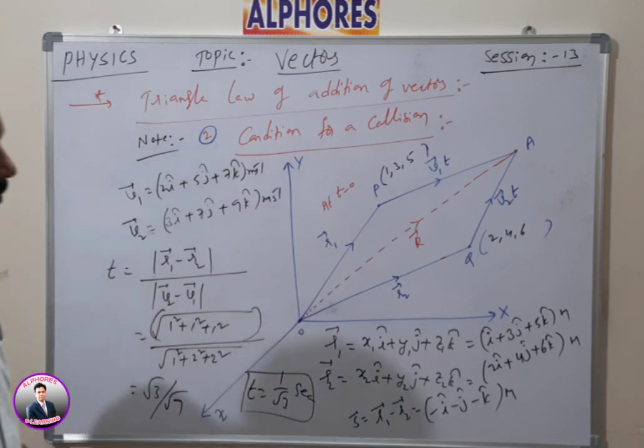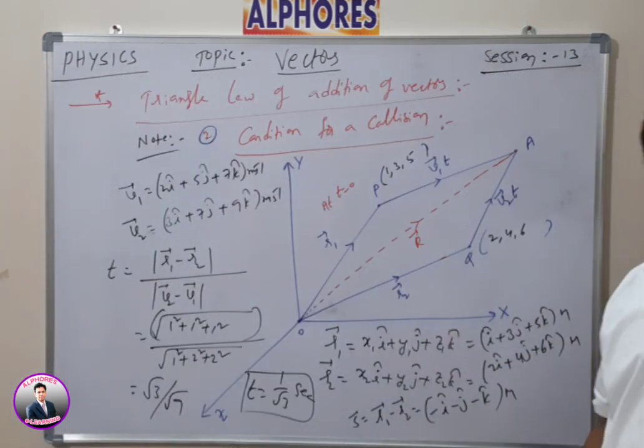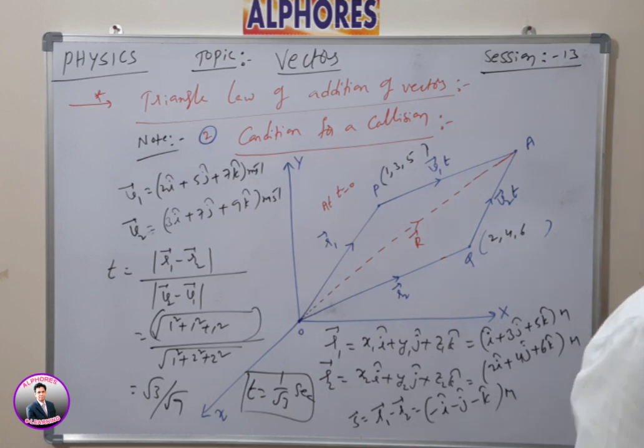So this is the generalized method to find the time taken by the two particles at a particular point A. This is the condition of collision theory. Now based on this concept, I have to give one problem. Please follow this one.